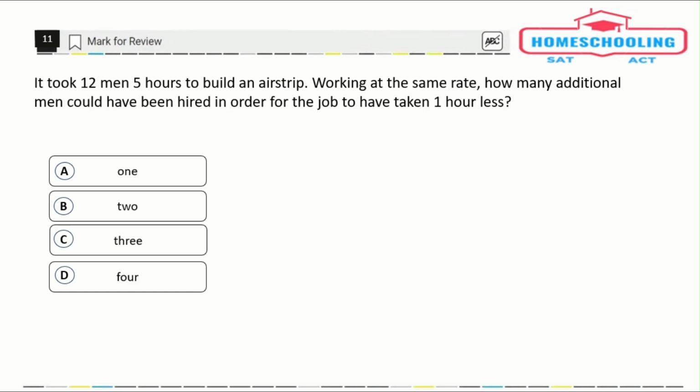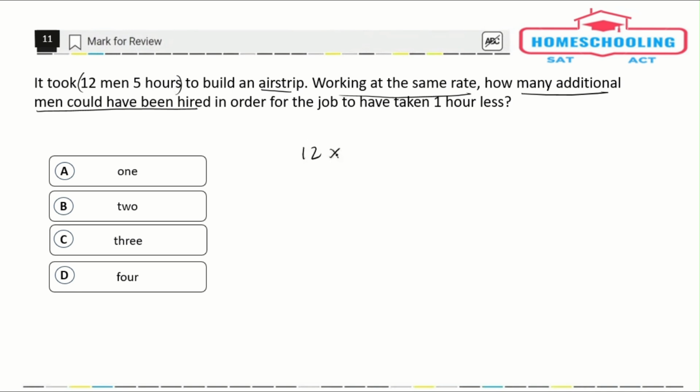In question number 11, it says that it took 12 men 5 hours to build an airstrip. So this is one set we have here. Working at the same rate, how many additional men could have been hired? So we already have 12 men who can build an airstrip in 5 hours.